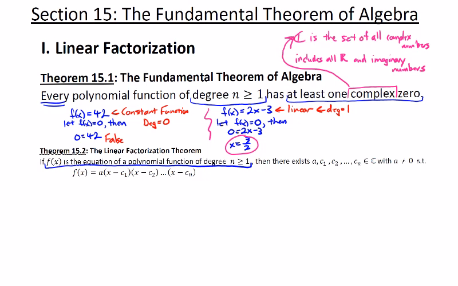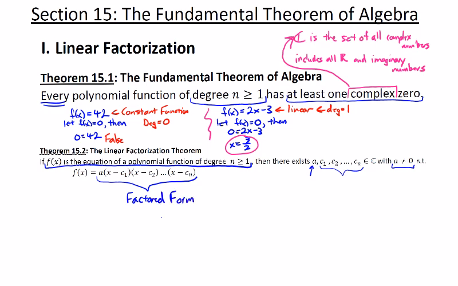So you have to have the fundamental theorem of algebra in order for this next theorem to exist. And it says if this happens, then you will be able to have an A as well as a C1 through Cn coming from the complex number set where A is not allowed to be 0, such that the following can be done. And what we have right here is a factored form of the polynomial.